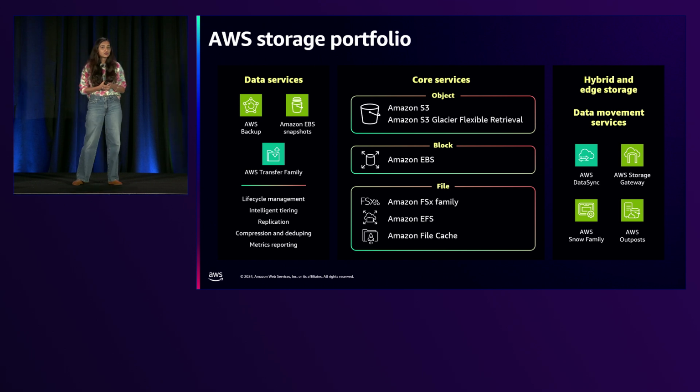And for file level storage, we have EFS and Amazon FSx. On the right, you can see our hybrid and edge-based capabilities, along with some of the data movement services like AWS DataSync and AWS Storage Gateway. And on the left, you'll find our data protection and workflow services, such as AWS Backup and EBS Snapshots. All of these solutions integrate seamlessly with each other, and they help you build secure and reliable data estates.